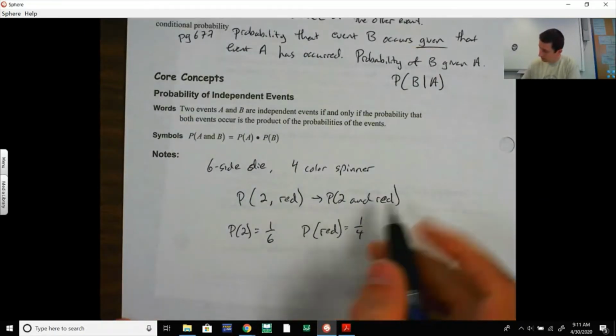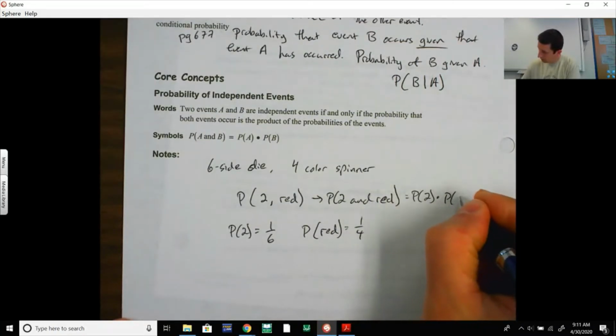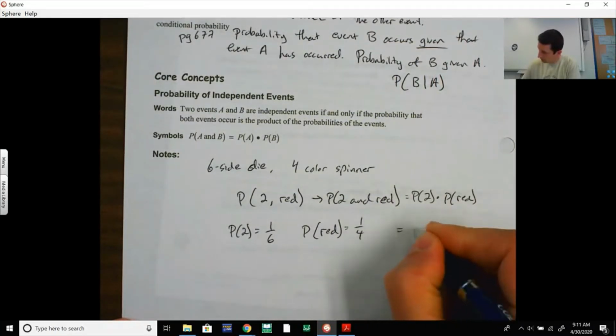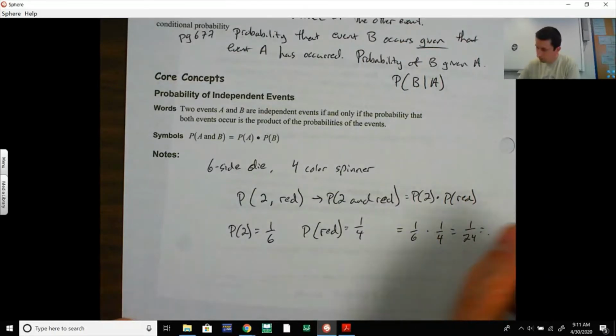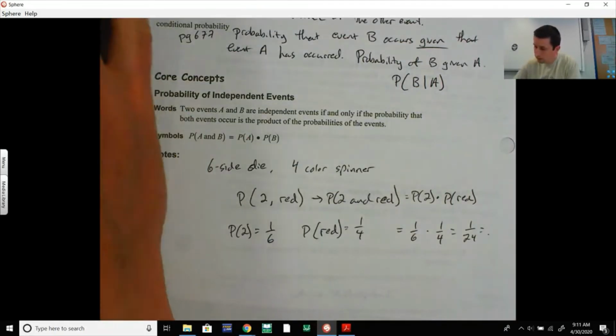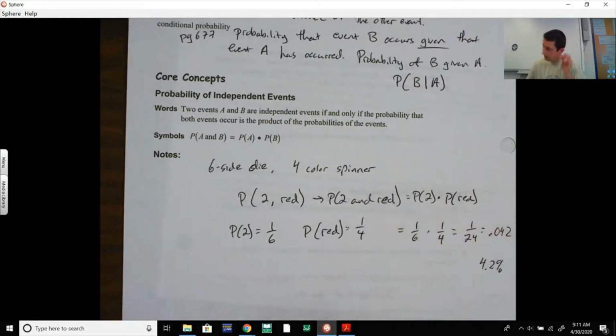So probability of 2 and red is going to equal the probability of 2 times the probability of red. So that would be 1/6 times 1/4. You just multiply them together, you get 1/24, which is 0.042. So we've got about a 4.2% chance of that happening. Okay, so you multiply those two probabilities.